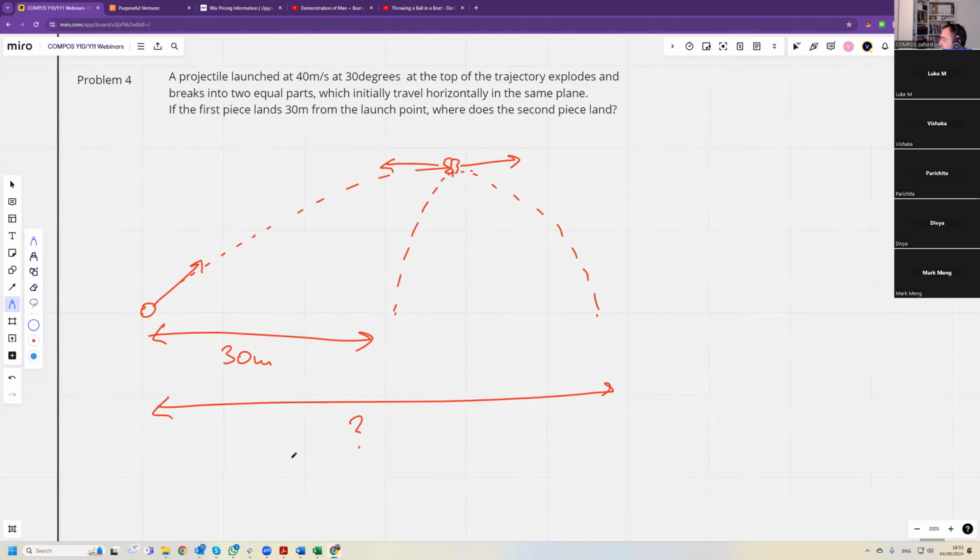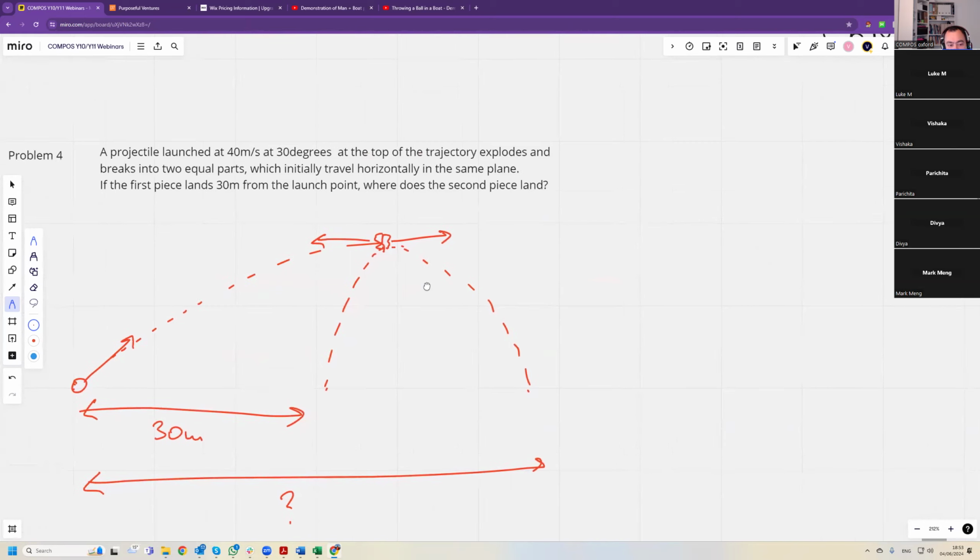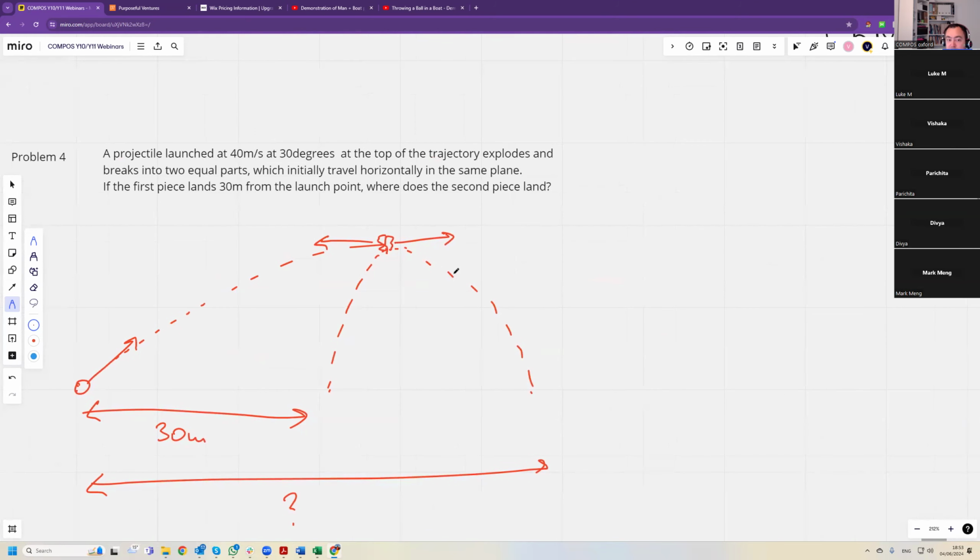Until we remember what we were talking about a few minutes ago. The center of mass can be only moved by external forces. And there are no external forces. There's no horizontal external forces.